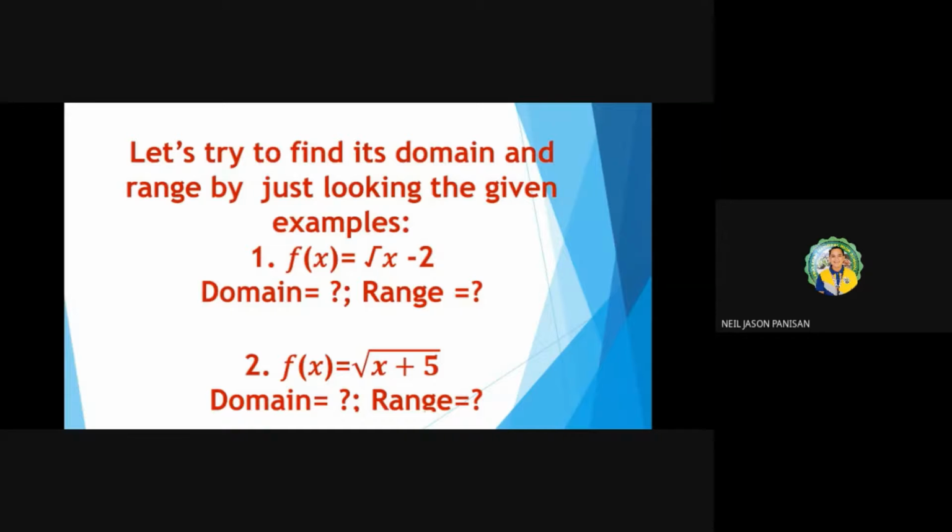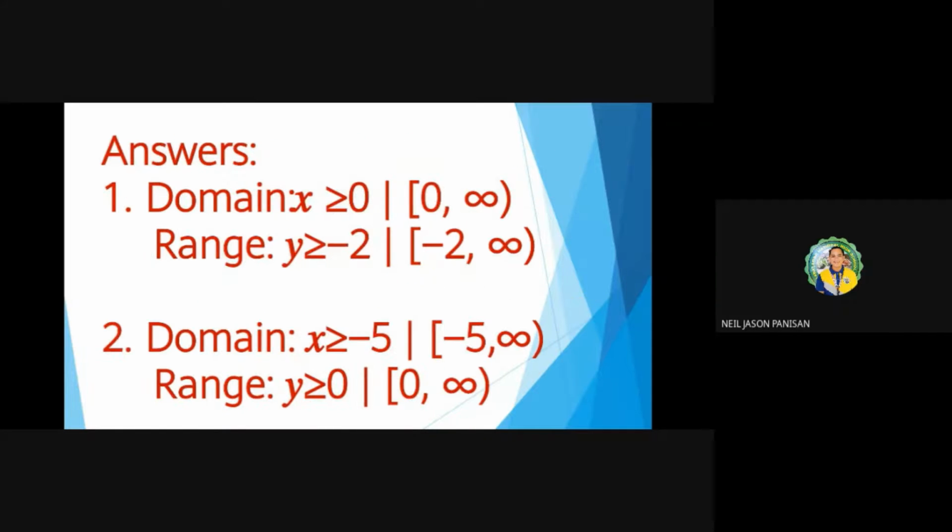We should always keep in mind that any number we can plug into the equation f of x is equal to the square root of x minus 2 must give a possible domain that is positive. So let's find out.